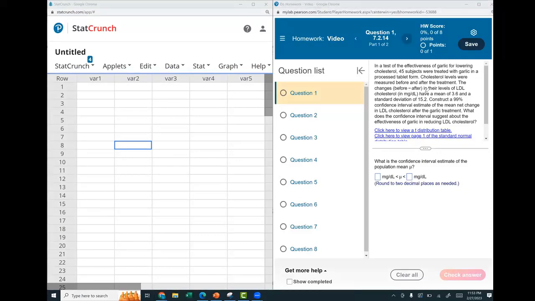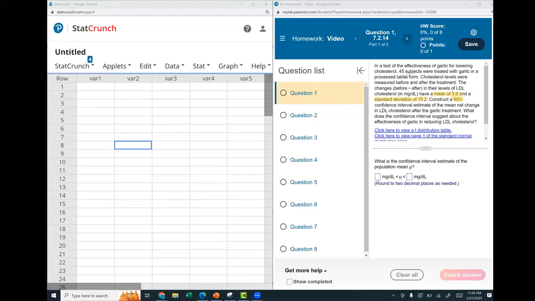The changes before and after in their levels of LDL cholesterol have a mean of 3.6 and a standard deviation of 15.2. Construct a 99% confidence interval estimate of the mean net change in LDL cholesterol after the garlic treatment. What does the confidence interval suggest about the effectiveness of garlic?